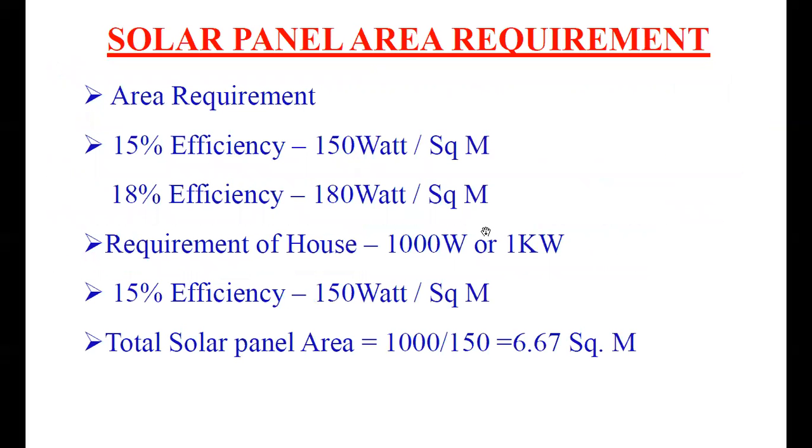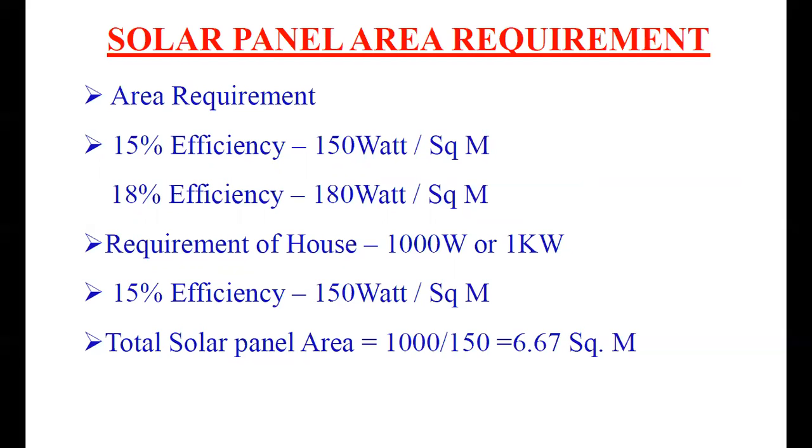Then what is the area requirement of the solar panel, and how much area is required for producing that much power? The main drawback of large scale solar energy production is the large area requirement. If you are using a 15% efficiency panel, the 150 watt per square meter is the area requirement.